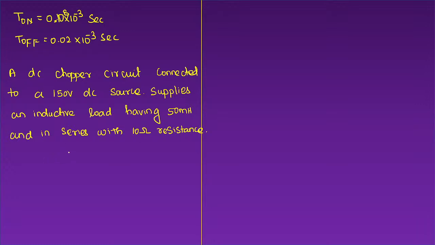Now, a freewheeling diode is placed across the load.